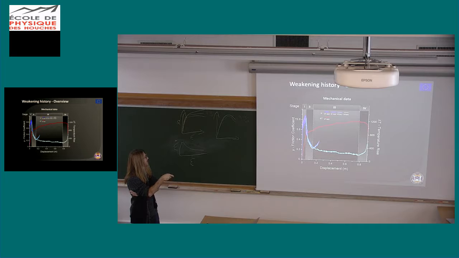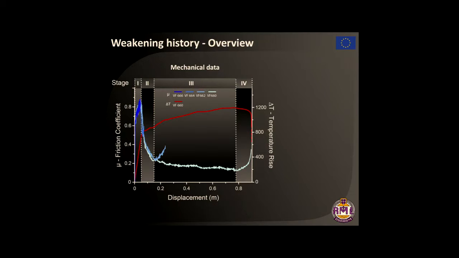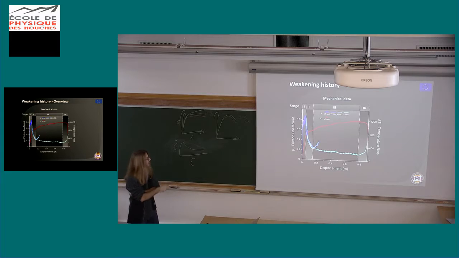So let's just observe the evolution of friction coefficient with displacement. You have slip hardening, first stage 1, rapid drop of friction coefficient during stage 2, a sort of slowly evolving condition where the friction coefficient remains low, and a 4th stage when you re-strengthen. This happens always when the machine decelerates to stop.